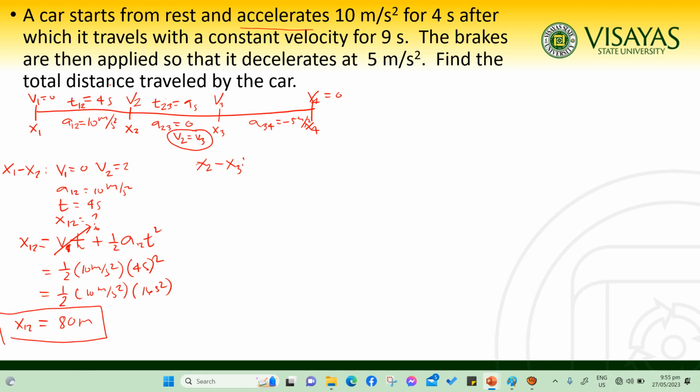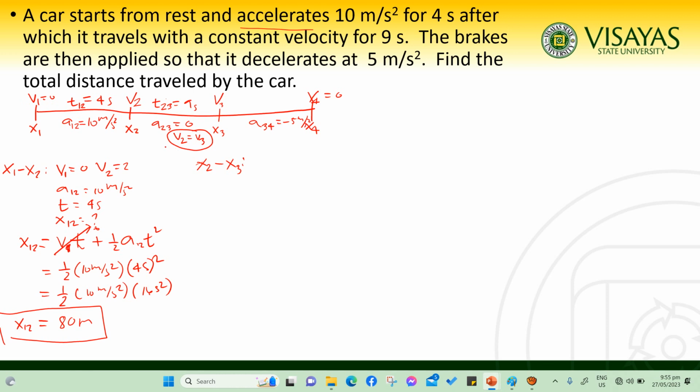So with this, we all know that v2 is equal to v3 because acceleration is constant. So we can find v2. We can find v2 using the previous information from x1 to x2.